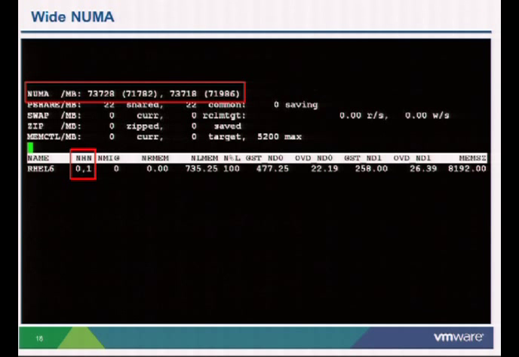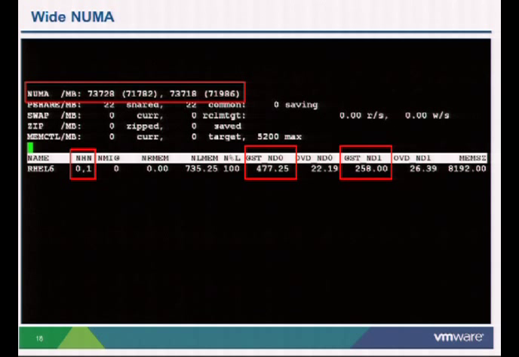The reason for that is this VM's memory size cannot fit into a single NUMA node. The NUMA node size there is 8 gigs, right? So if my VM memory size is 16 gigs, I cannot fit that VM in one particular NUMA node, so I need to interleave the VM's memory across 2 different NUMA nodes. That's why it has 2 different NUMA nodes. Guest node 0 and guest node 1 basically tell you how much memory is allocated in each of these NUMA nodes.